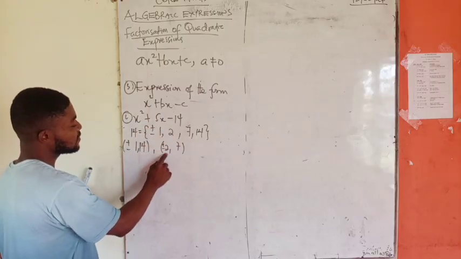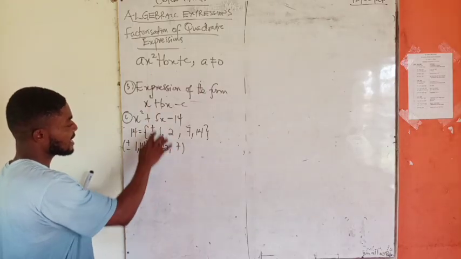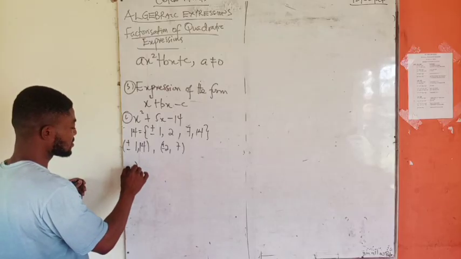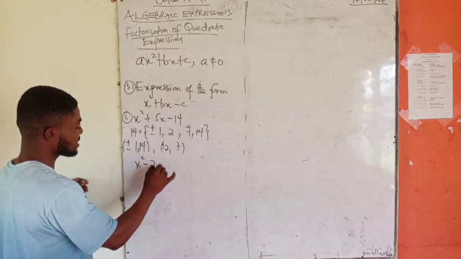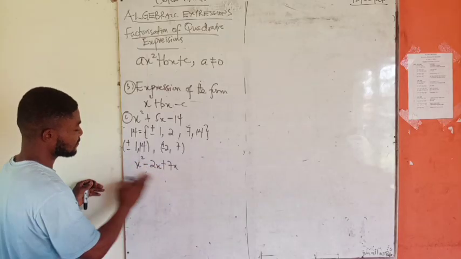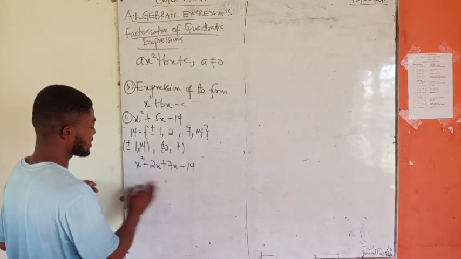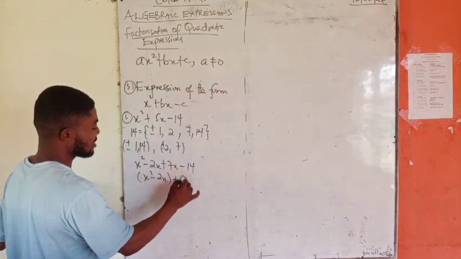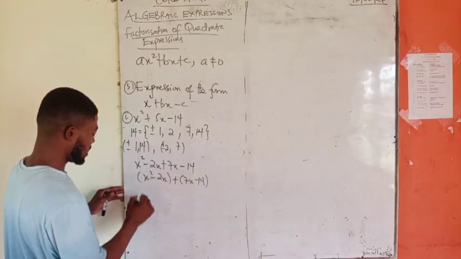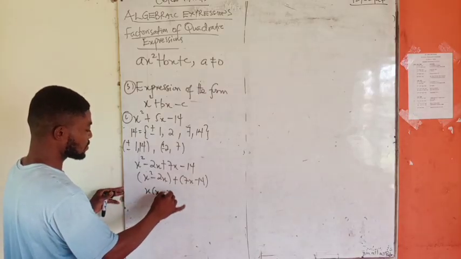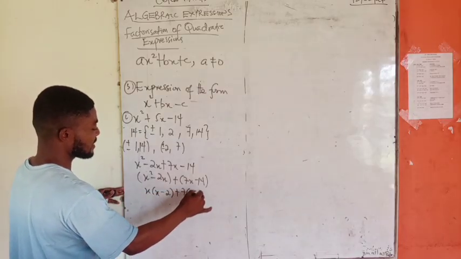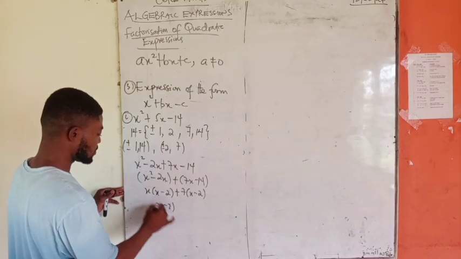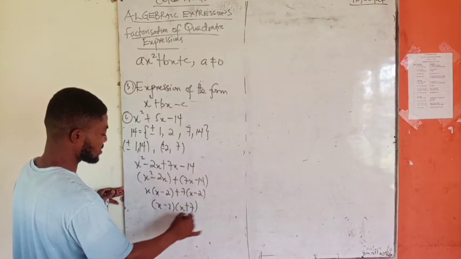I take negative 2 against positive 7, when I add, I get positive 5. So it's going to be x squared minus 2x plus 7x minus 14. I can now put this in brackets. x minus 2 plus 7x minus 2. x minus 2 against x plus 7.